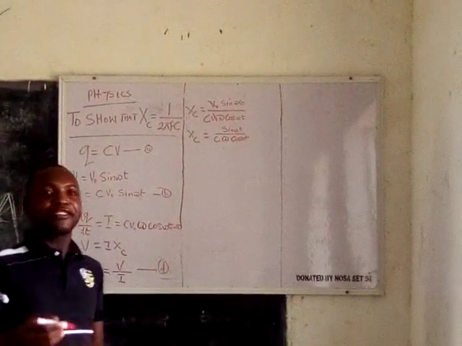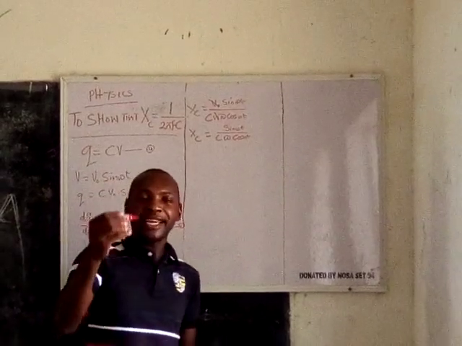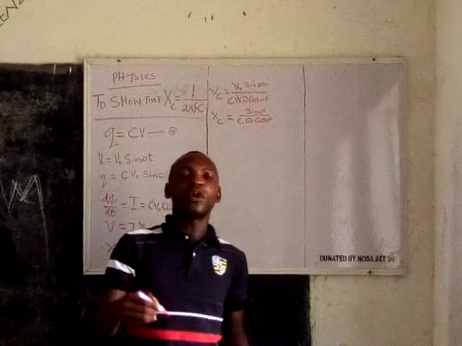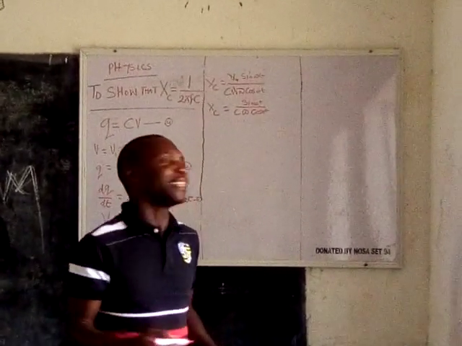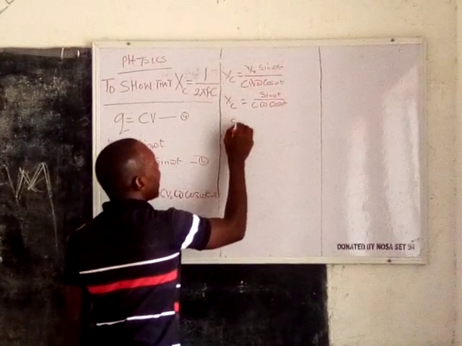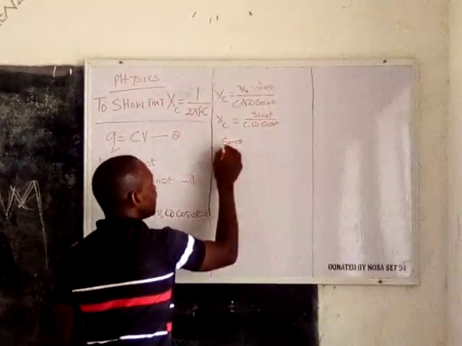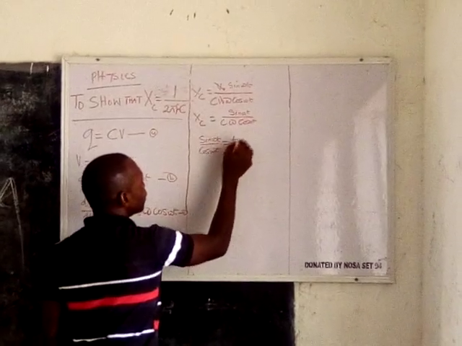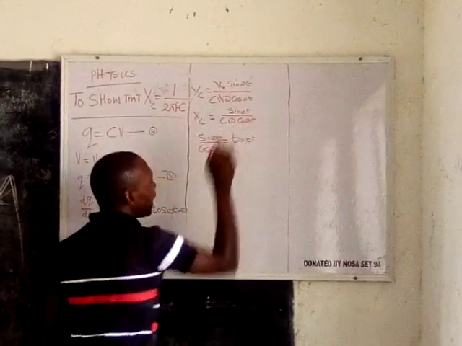If you remember in trig ratios, sine of an angle over cos of the angle is always equal to tan. What do I mean by that? If I have sine omega t over cos omega t, it is equal to tan omega t.